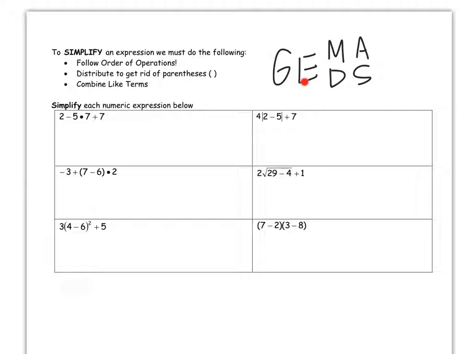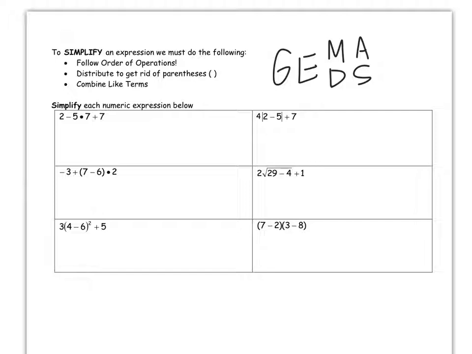Then I go to E, which stands for exponent. An exponent is a small number that's raised up higher than the others. An example of an exponent, if you pop down here, this little tiny 2 is an exponent. There are no exponents in this problem. So then we go to M or D, multiplication or division, whichever comes first.